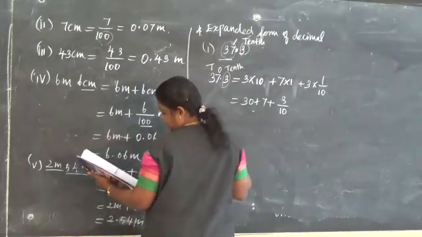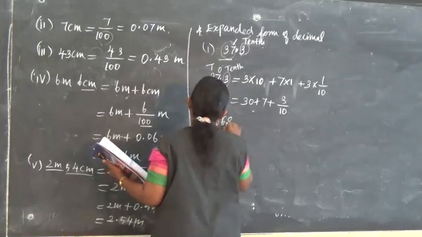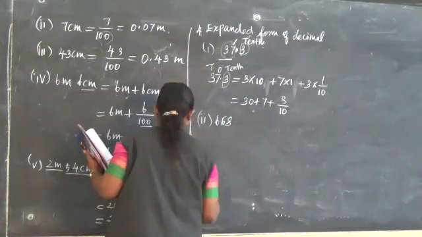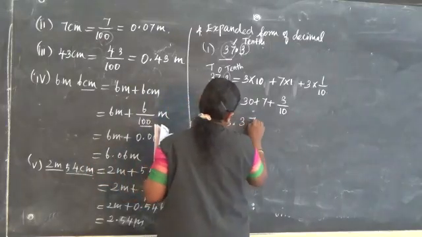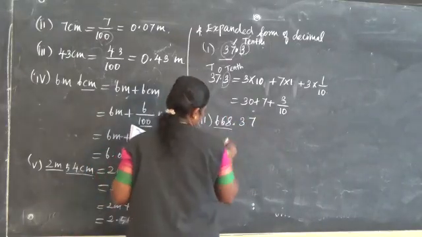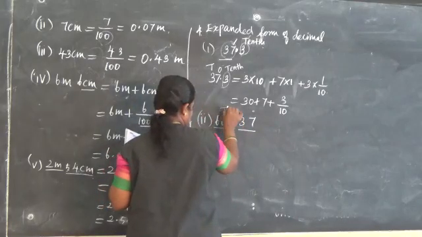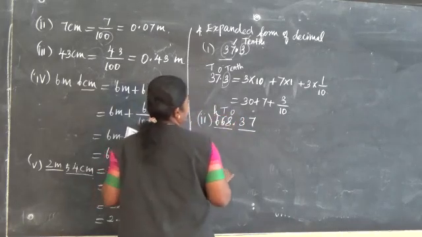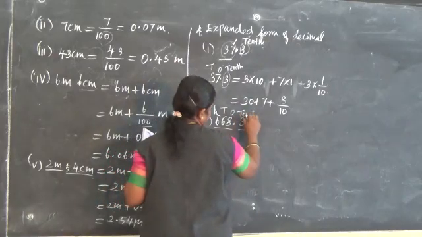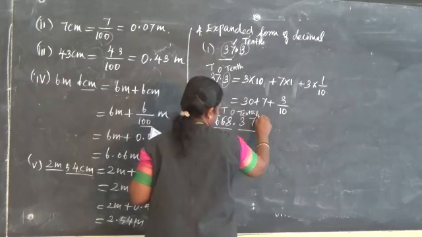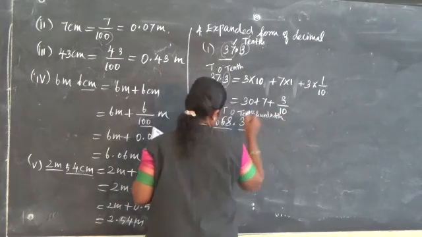Come to the second subdivision. 658.37. This is the whole number part, this is the decimal number part. Ones, tens, hundreds. What is the place value of these two digits? This is the tenths place, this is the hundredths place. Last class itself I told you.